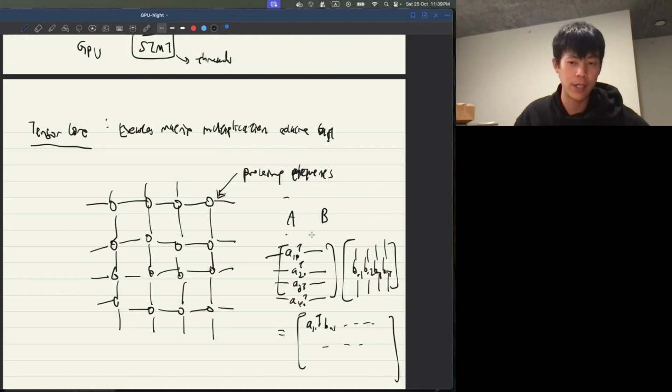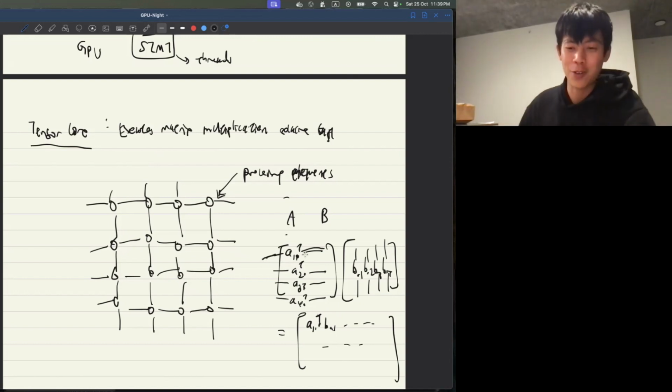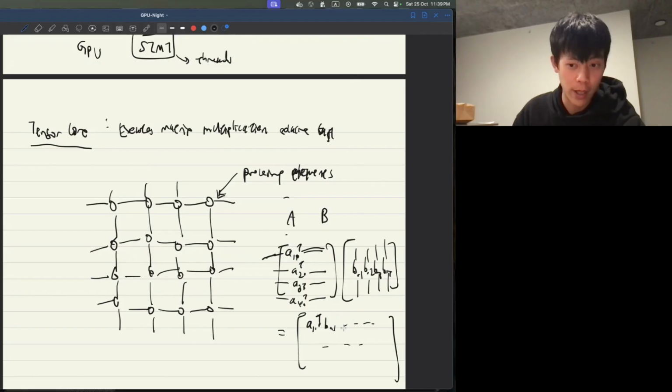But my point over here is, let's suppose you want to compute matrix multiplication. If you do it this naive way, you're going to read the first row of A, and you're going to read in the columns of B one by one to get the first row of the resulting matrix. So let me just complete it.